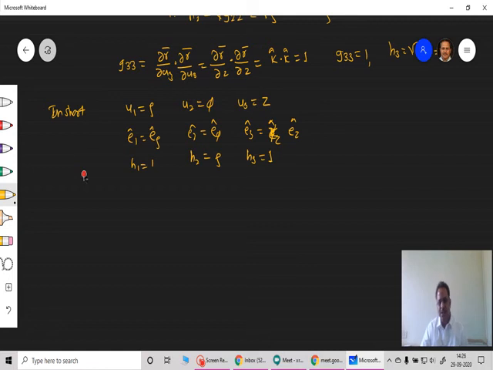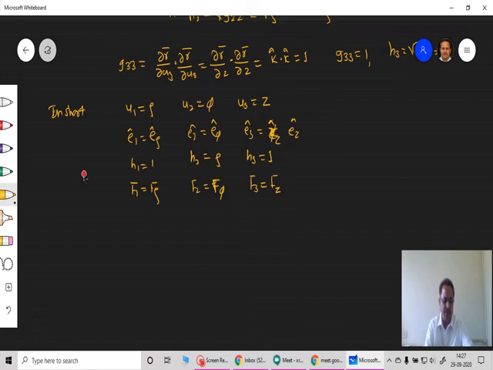Once I got all this information, I can go for F1 is equal to F rho, F2 is equal to F phi, and F3 is equal to F z. For a vector written in the cylindrical coordinate system, it will have these three components of rho, phi, and z.